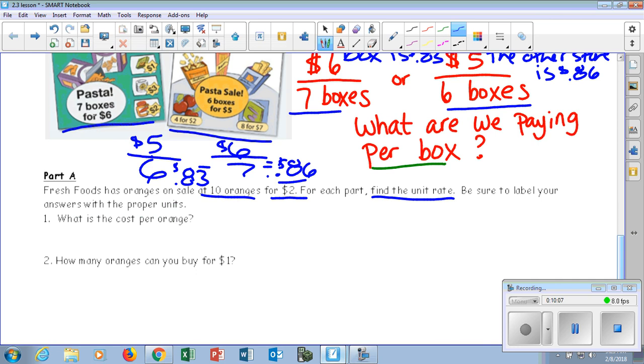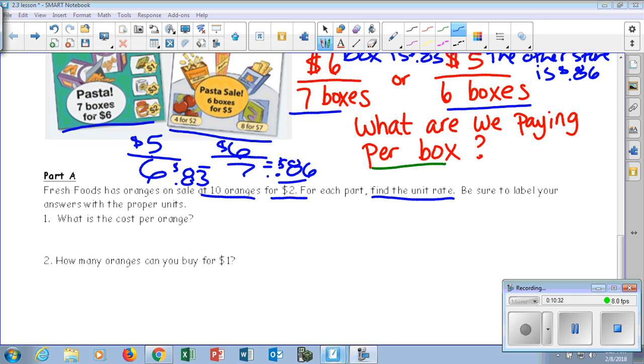So with your face partners now, the people across from you, so that's 1 and 3 and 2 and 4, determine how much each orange is. And once you do that, you can go on to question 2 where it says, how many oranges can you buy for $1? Well, once we find the price of 1 orange, we can figure out how many oranges we can buy if we only had $1.